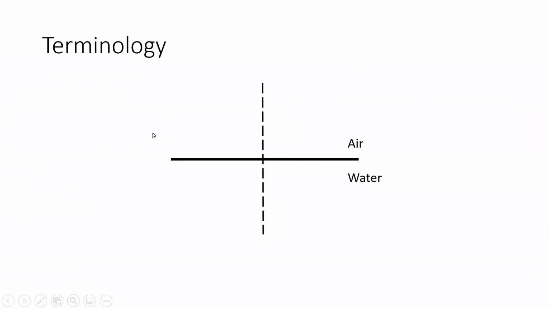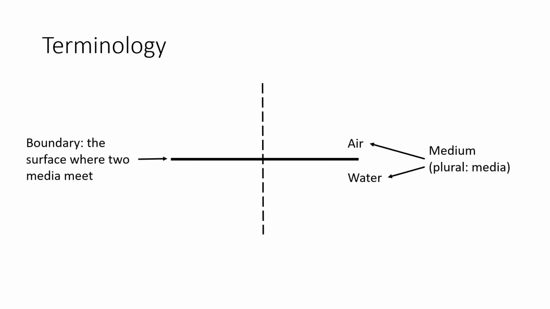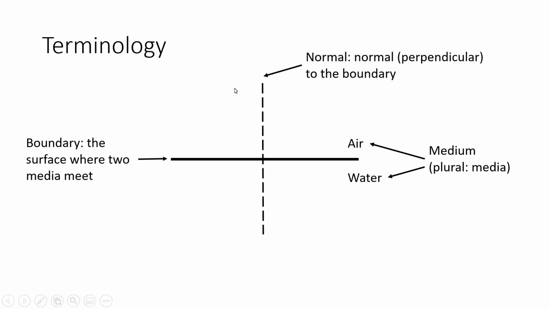Okay, so refraction occurs when light passes from one medium to another. A medium is something that light passes through: glass, water, air. So air and water we've got here, this is like the top of the water. Medium, plural, more than one, media. The boundary is where the two media meet. The normal, we just draw a line in.